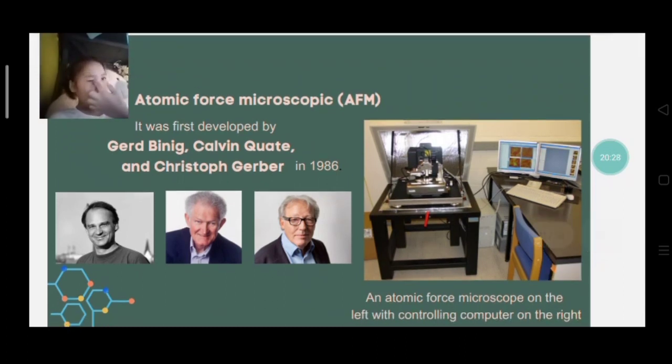The atomic force microscope, or scanning force microscope, is a very high resolution type of scanning probe microscopy with demonstrated resolution on the order of fractions of a nanometer, more than 100 times better than the optical diffraction limit.